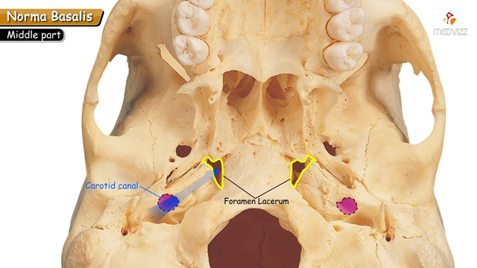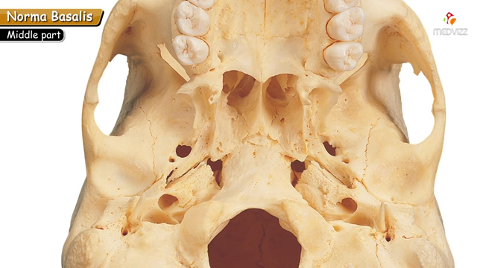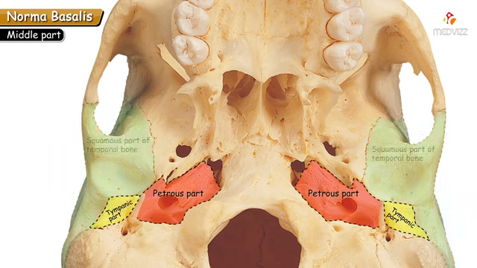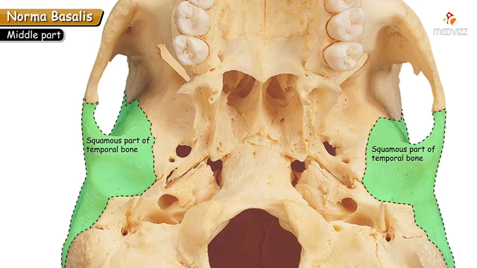Let's see the other parts of the temporal bone. Talking about the tympanic part: the tympanic part of the temporal bone is a triangular bone which occupies the angle between the petrous and the squamous parts of the temporal bone. And in Norma basalis we can see a little part of the squamous part of the temporal bone also.